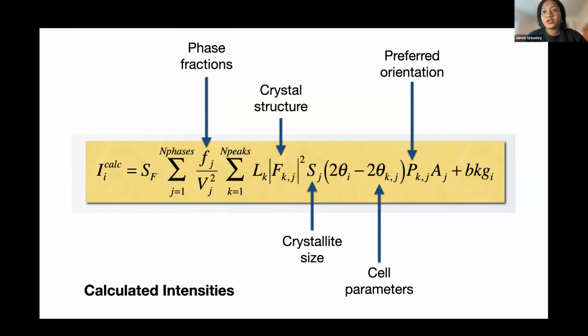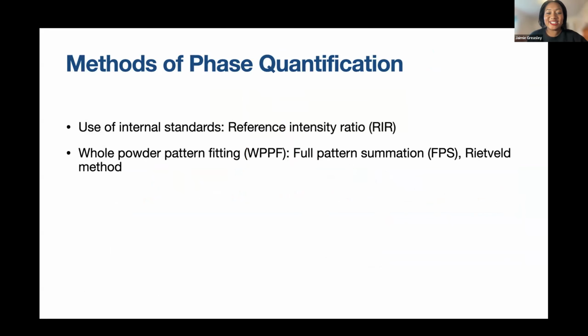But if you go back, the full pattern summation method basically said, forget all of this calculation and just imagine that the diffraction is a weighted combination of all the phases that there are, and these weights determine it.